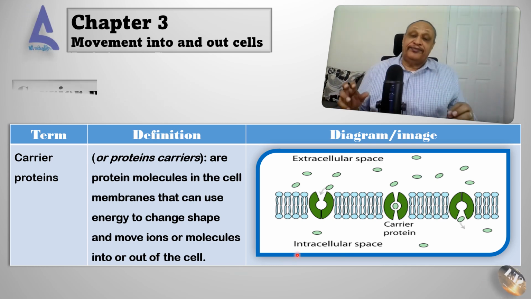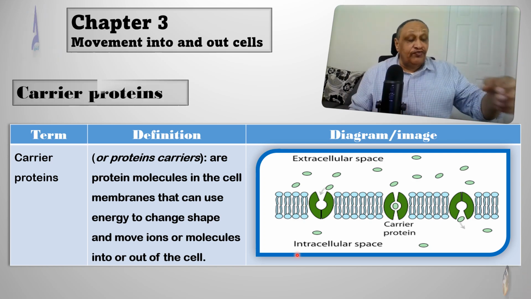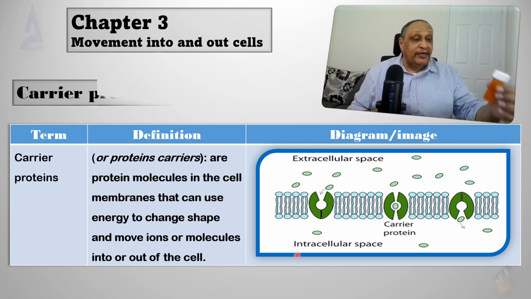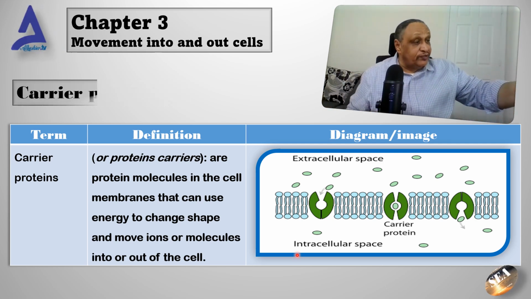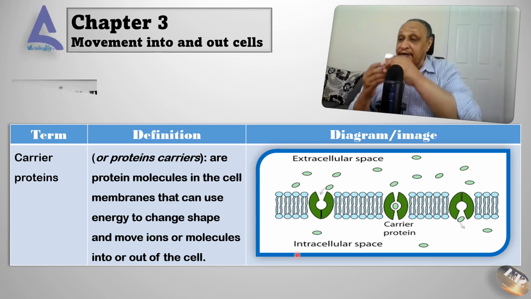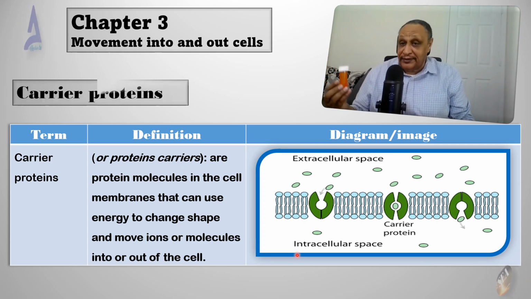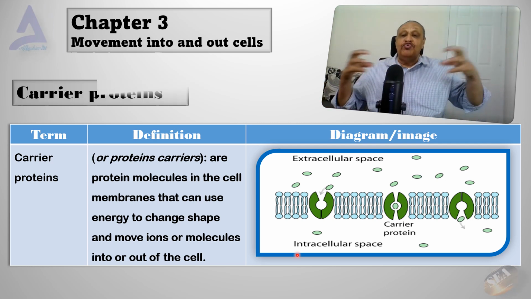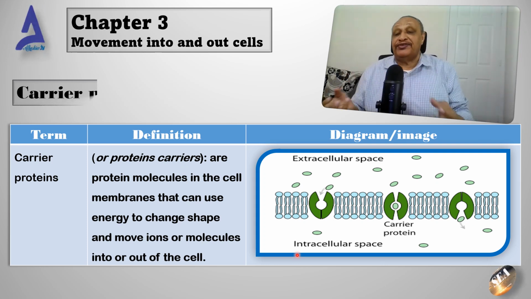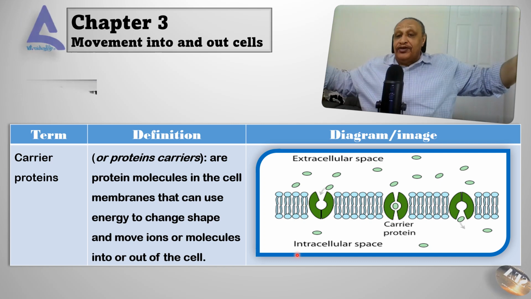Be careful. Whenever you have active transport, you are going to move something. Let us assume this bottle. You are going to move something from where bottles are few, low concentration, to where bottles are many, that means high concentration. You are moving particles against the concentration gradient from low concentration to high concentration.